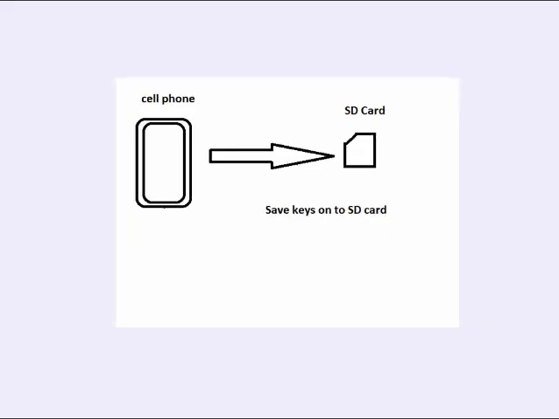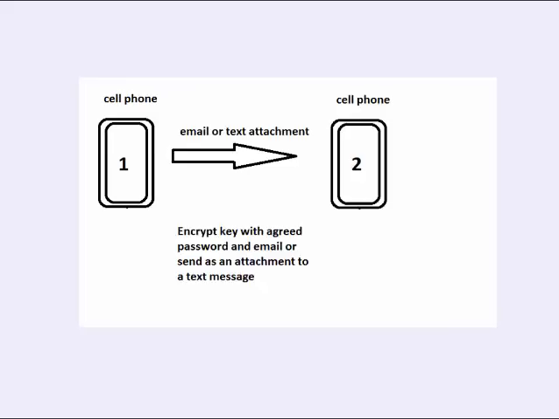Another method is to load or save your keys onto an SD card. Some cell phones have multiple SD card slots, and therefore you can save and back up keys onto a separate SD card and exchange those keys again physically in a secure fashion with another user.